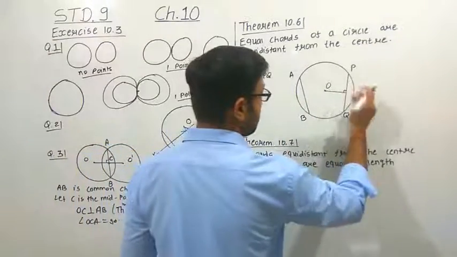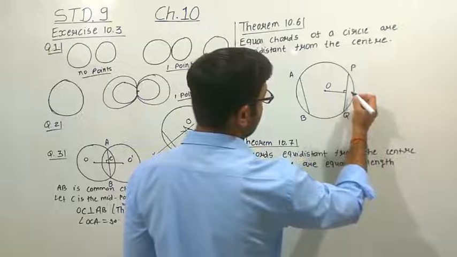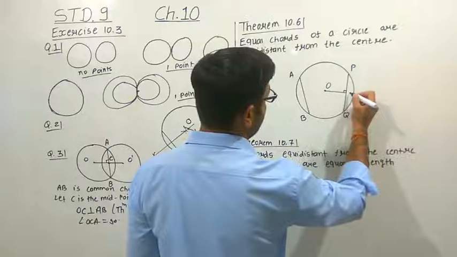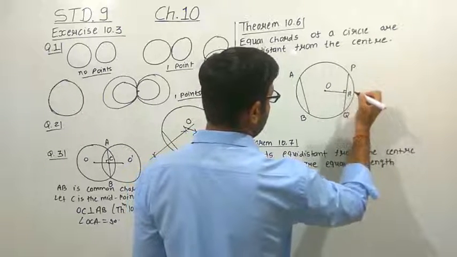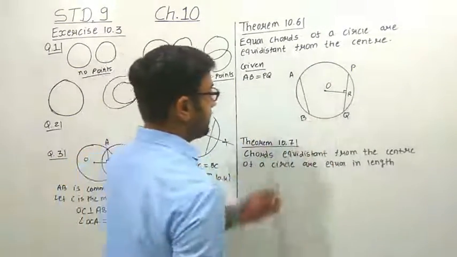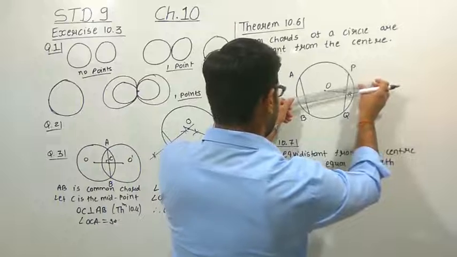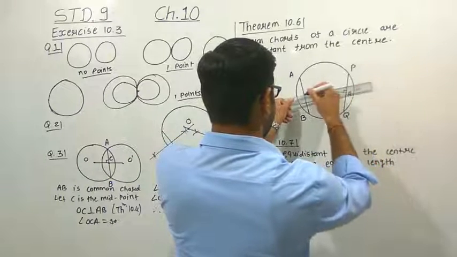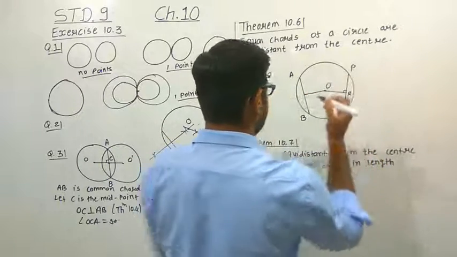Let's suppose this intersecting point is R. In the same way, for the distance of this chord from the center, we have to take the perpendicular distance only, right? We cannot take another distance.